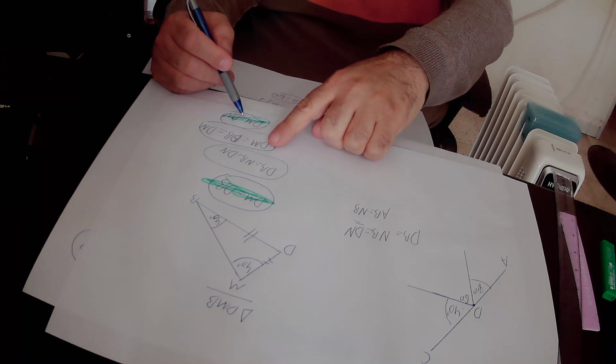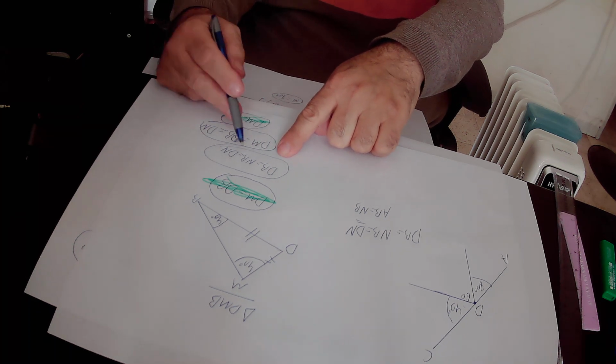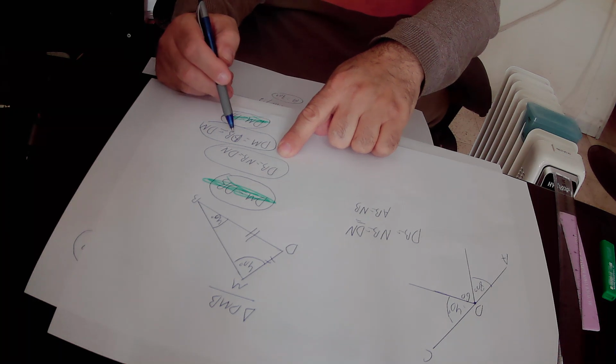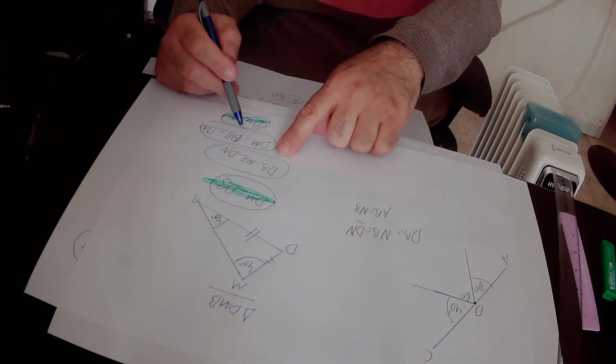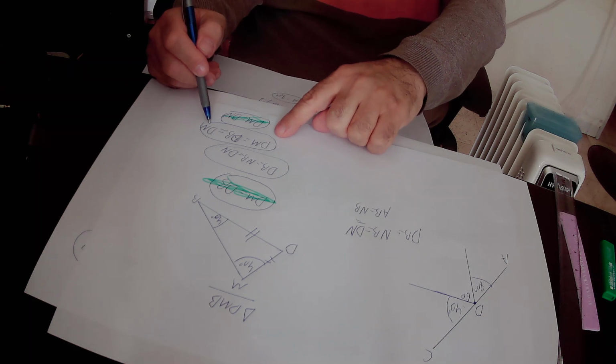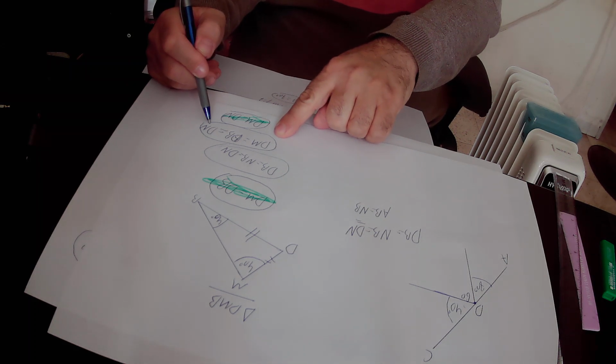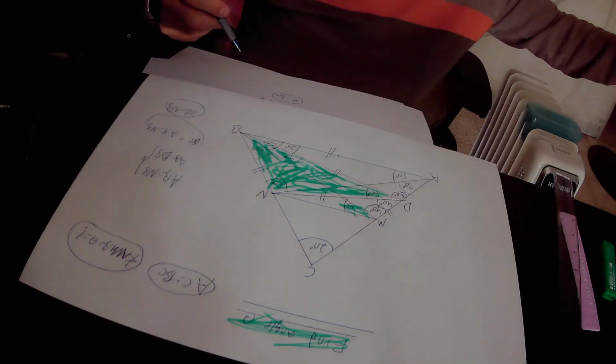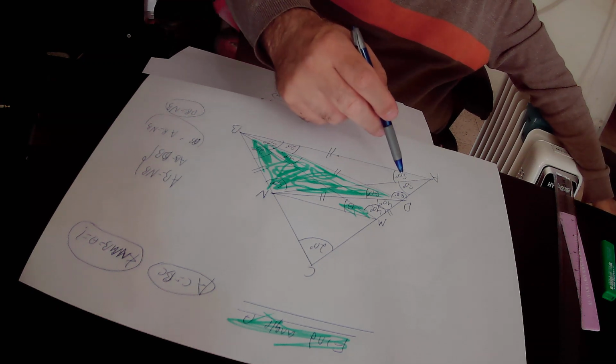But from the other side, DB also equals DN. So from one side DB equals DM, and from the other side DB equals DN. And from this we derive that DM equals DN.